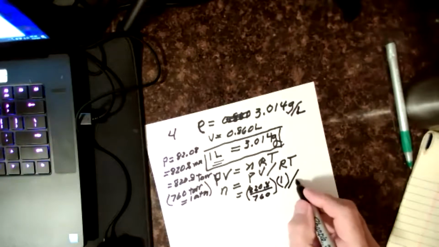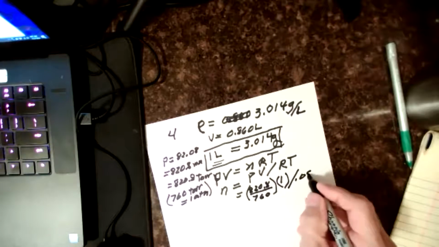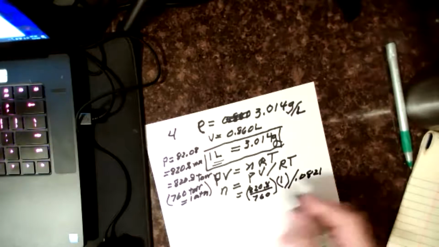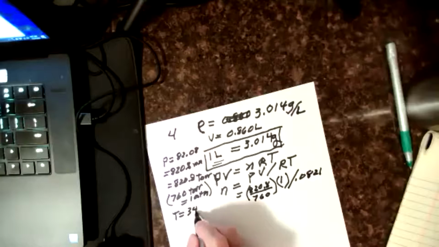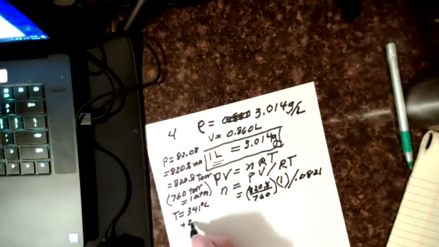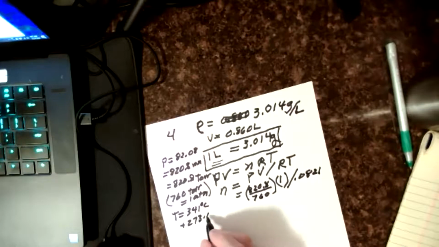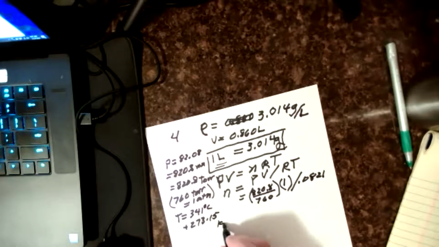I want to divide it by 0.0821. And now let's do my sidebar for temperature. The temperature is 341 degrees C. So I want to add 273.15 to get kelvins.